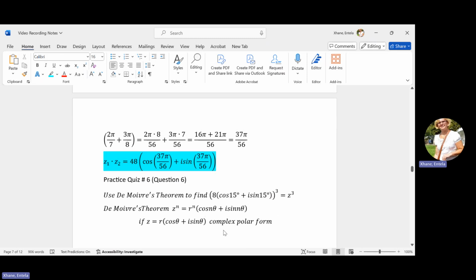This is extremely important. Otherwise, it's not going to work. Okay, so let's try to focus on our number and let's see how that's going to be computed.